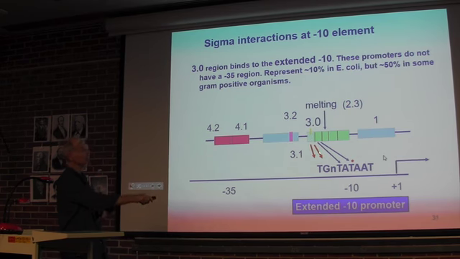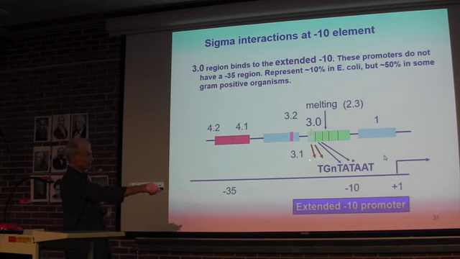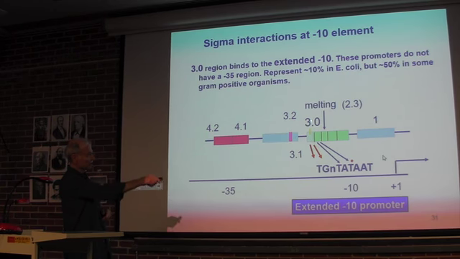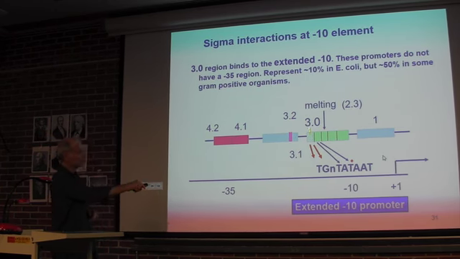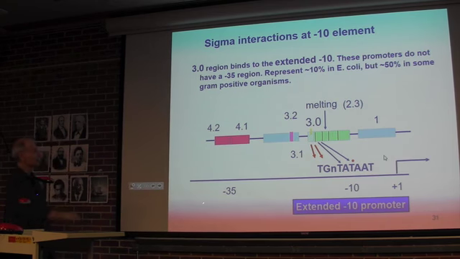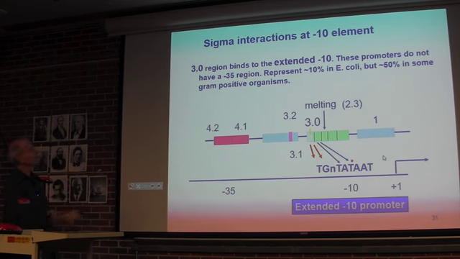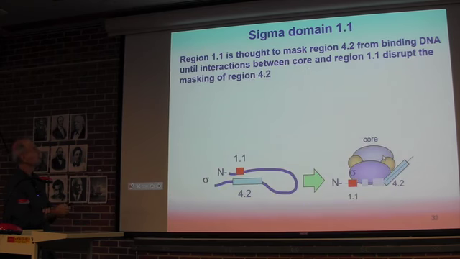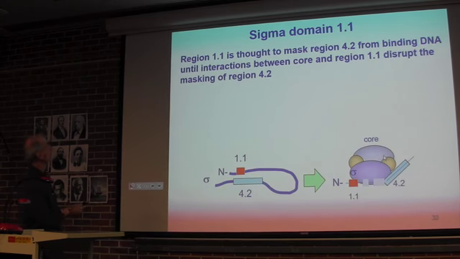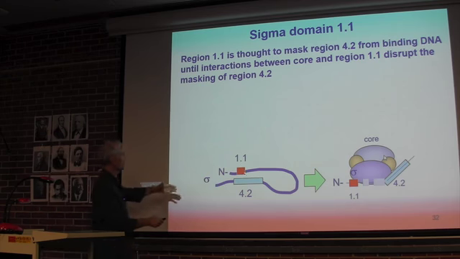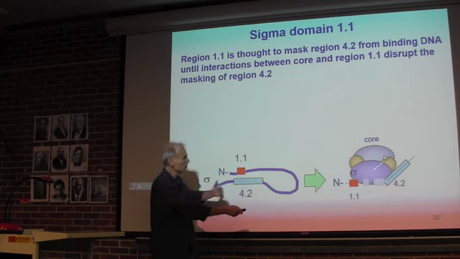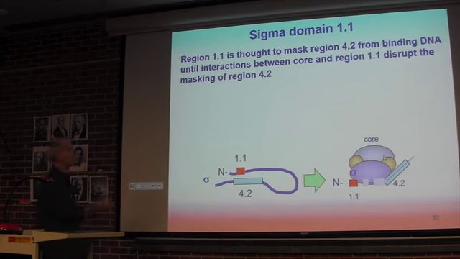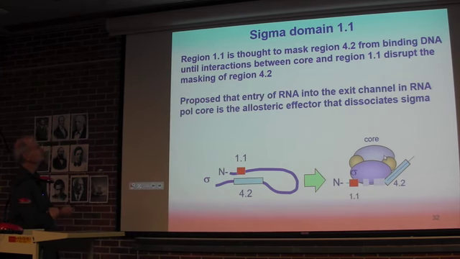They actually had to go back and rename it 3 because they found that later than they found out about the other kind of interactions. So domain 3, as if we didn't have enough to worry about. 10% of E. coli have that, 50% in gram-positive. 1.1 is thought to mask. Here you see the folding back of 1.1 on 4.2, and then when it interacts with the core, it opens up, and now it can find a promoter.